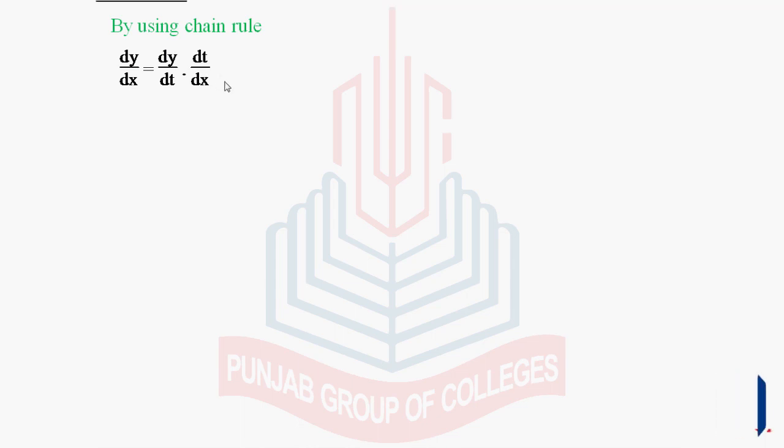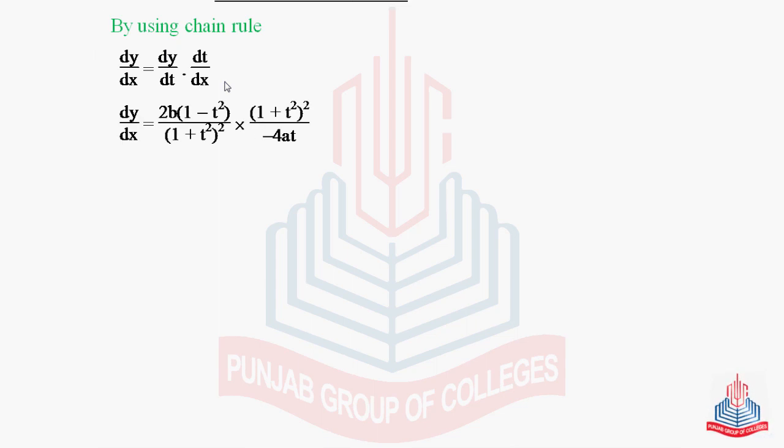By putting this value, dy by dt is 2b into (1 minus t square) over (1 plus t square) whole square, into dt by dx, that is the reciprocal of dx by dt, which we calculated in our previous slide, that is (1 plus t square) whole square divided by minus 4at.